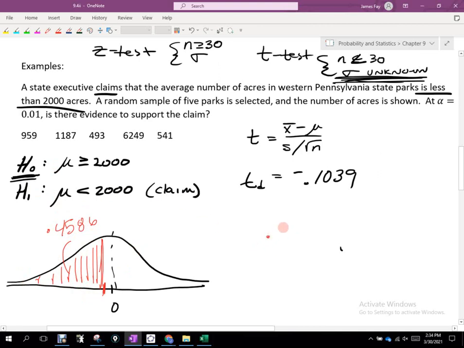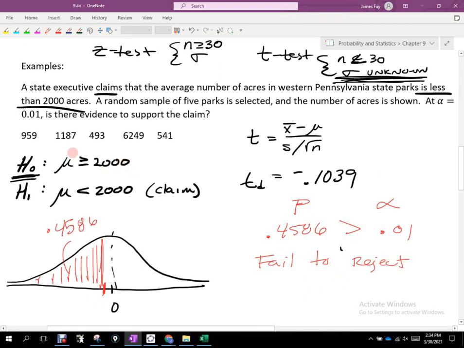So we'll compare our p-value, 0.4586, to alpha, which was 0.01. Which one's bigger? The p-value. Because the p-value is bigger, we're going to fail to reject.